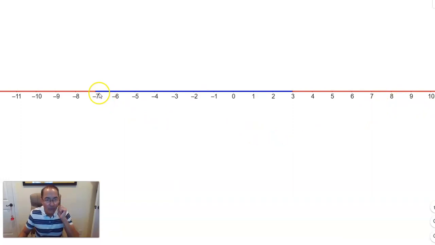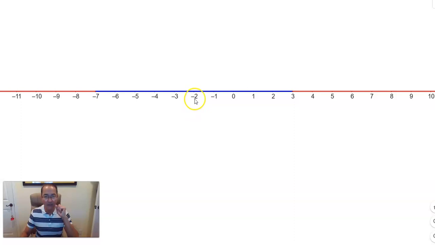So there's exactly 1 point here, negative 7, and 1 point here, which is positive 3, where we don't know what's happening to that series when you plug in x equals negative 7 or positive 3. The ratio test is inconclusive. Okay, it fails. By the way, we said that the center of our series, what was it again?